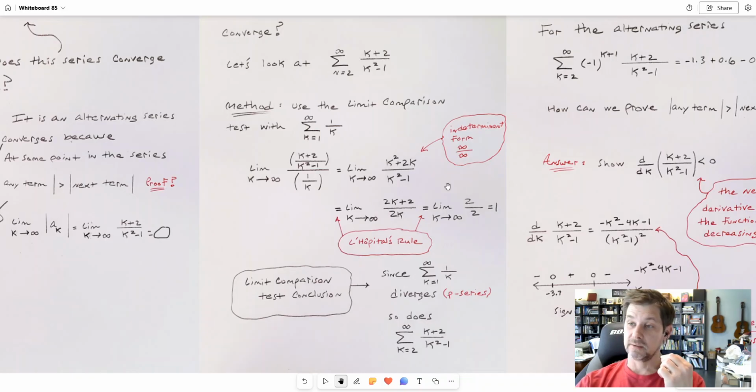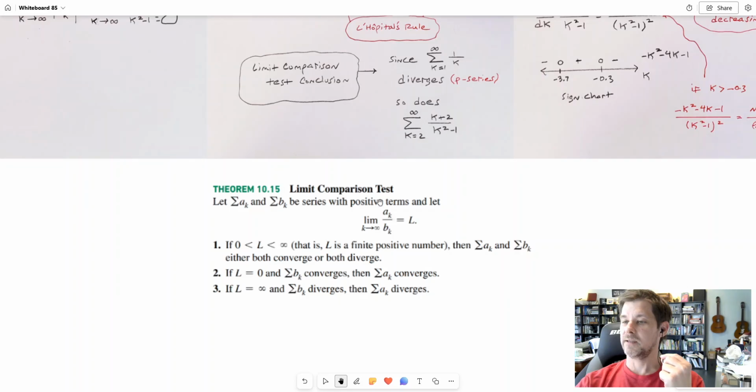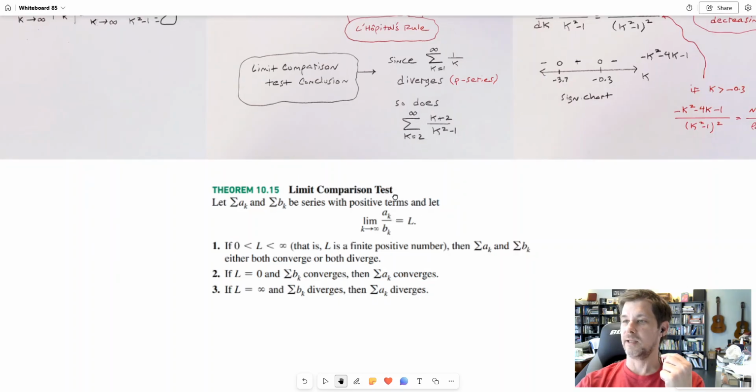L'Hopital's rule says when we have an indeterminate form like this, find the derivative of the top and bottom individually and reevaluate. If I do that once, I still get an indeterminate form. If I do that twice, I get 1. So the limit in the limit comparison test is 1. That's what that number is.